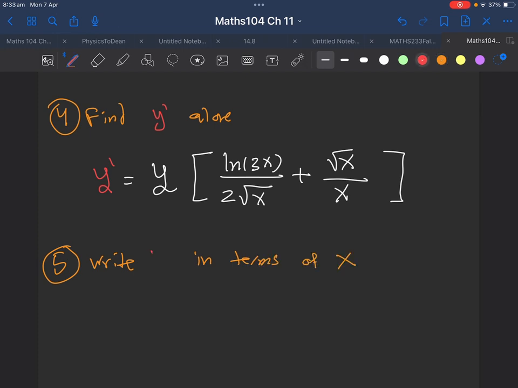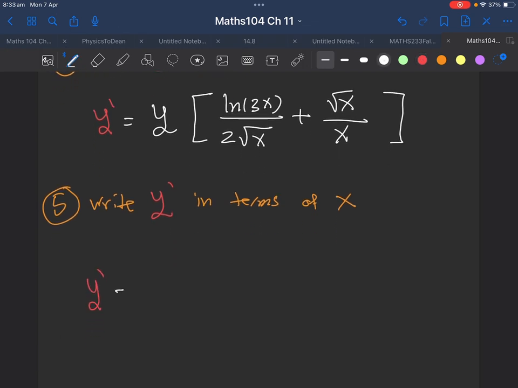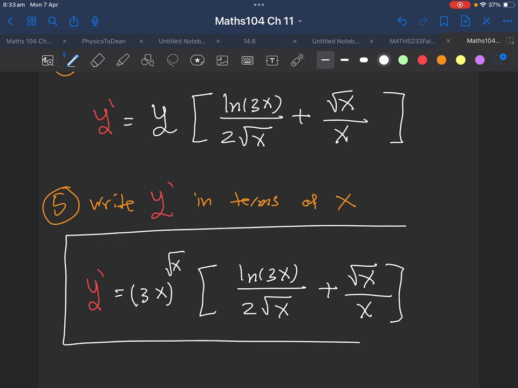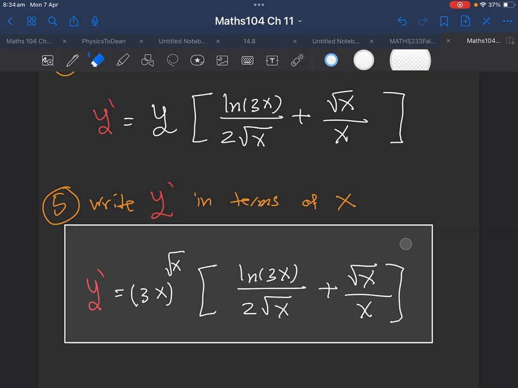What is y prime in terms of x? All you need to do is go to the question itself, remind me what was y, and I will write it down there. Well, actually, y was 3x to the power of square root of x. That's the final answer for our question.